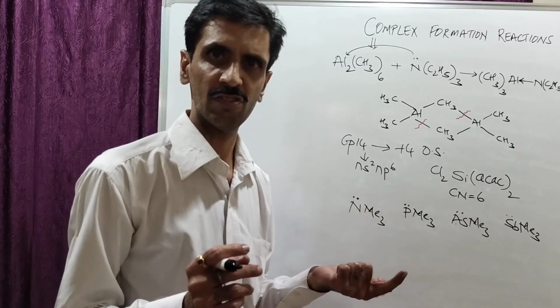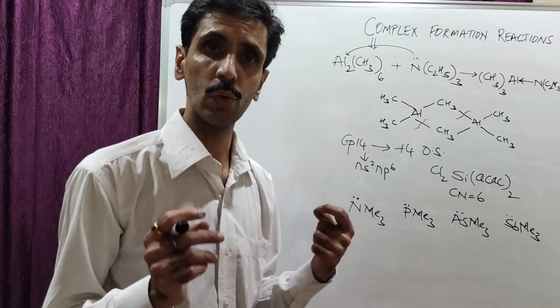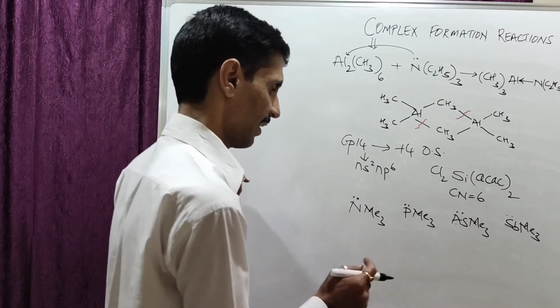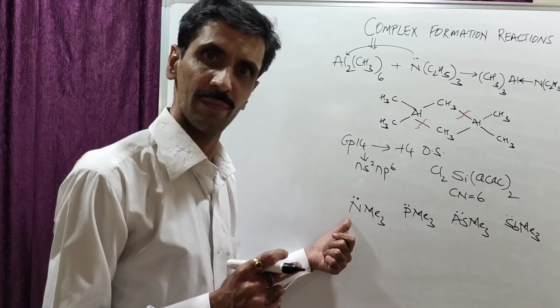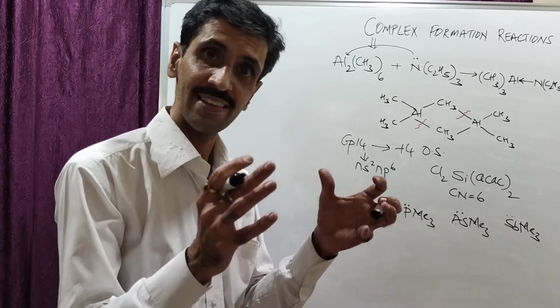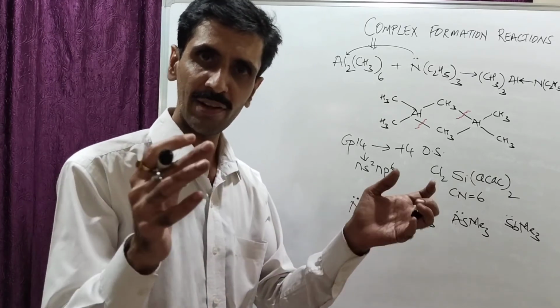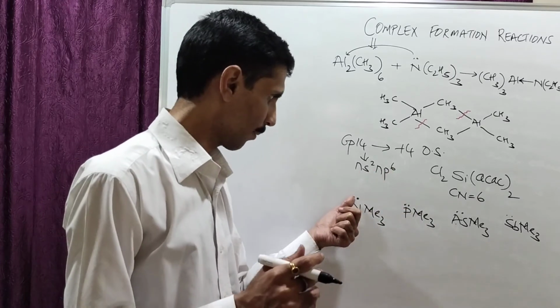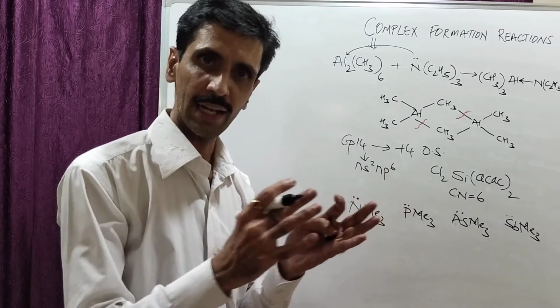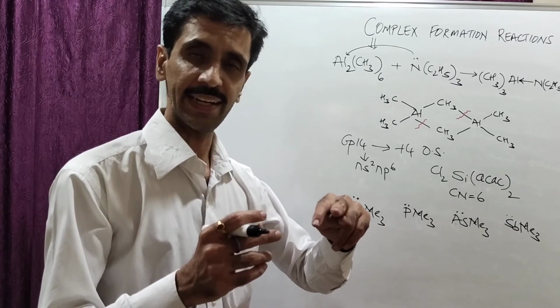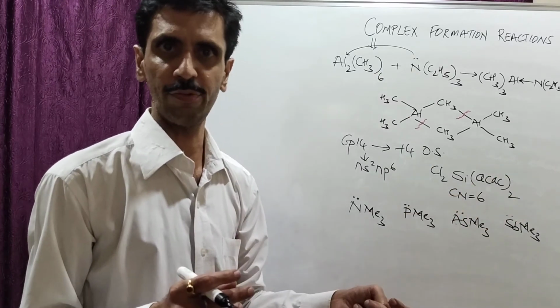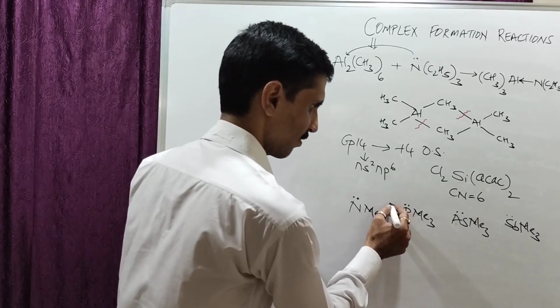Now the one which is going to donate the lone pair of electrons very fast is going to be a strong Lewis base. So in this case, who is going to donate fast? Obviously it's nitrogen, because nitrogen has a smaller size, so the electrons are very close by, and there is a lone pair of electrons over here. So there is going to be repulsion, and hence it is going to have a greater tendency to give away the electrons very fast.